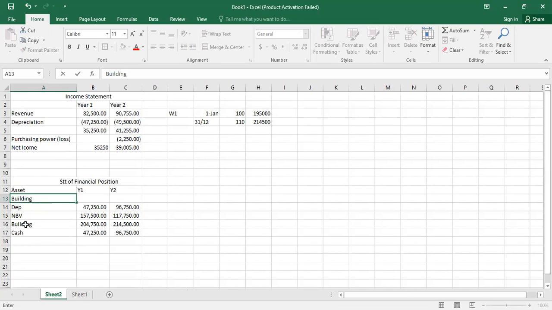So this will be our value of the asset. Let me just delete that so that we are able to see. Are we able to see that? So we have the net book value of the assets, and I have the depreciation.